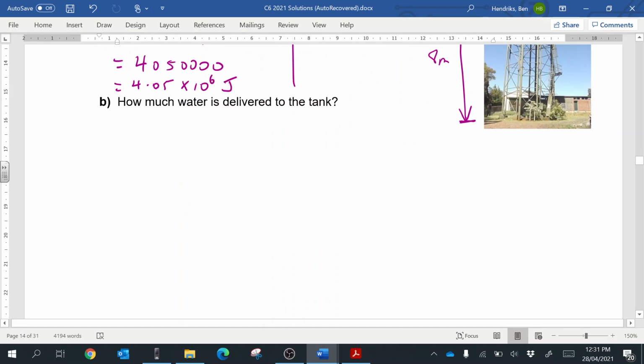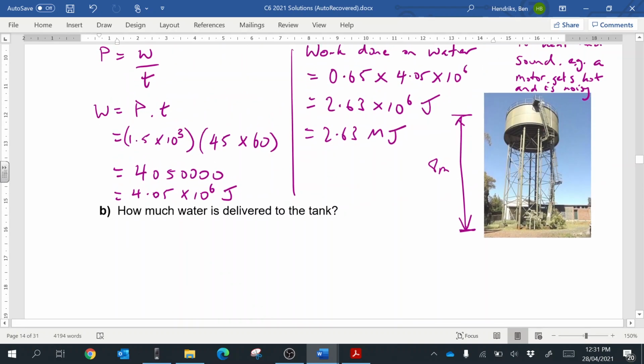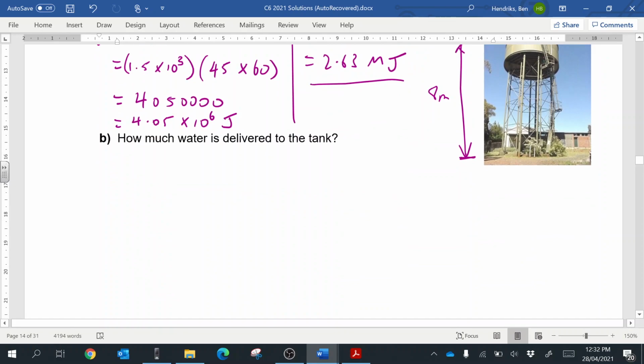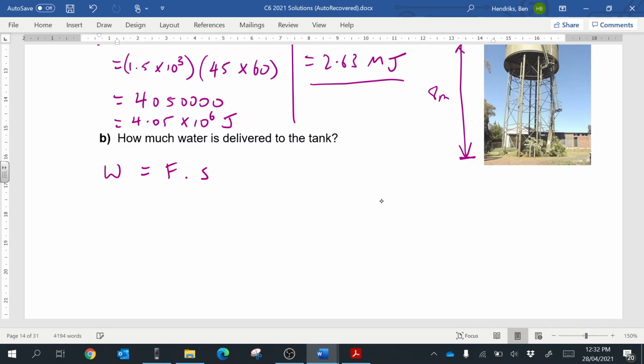So how much water is then delivered to the tank? We have to consider the work actually done on the water rather than the total amount. So we now remember that work is equal to force times displacement, and force, because it's equal to mass times acceleration, we can work that out.